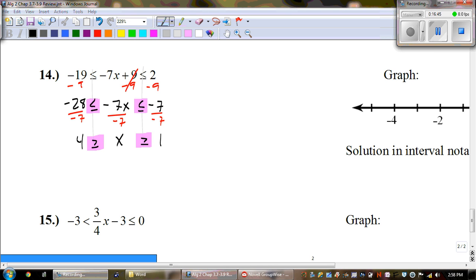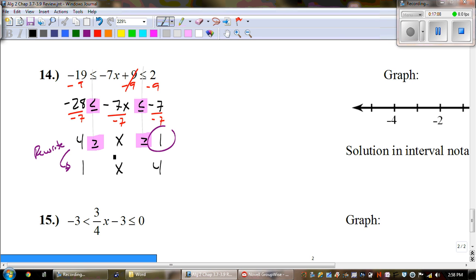Okay, did you get 4 greater than or equal to x greater than or equal to 1? Well, remember, when you divide by a negative, you have to flip the signs. Now, the only thing that's wrong with this is we need to rewrite it because we want it in proper order, which is least to greatest. So I'm just moving the numbers.